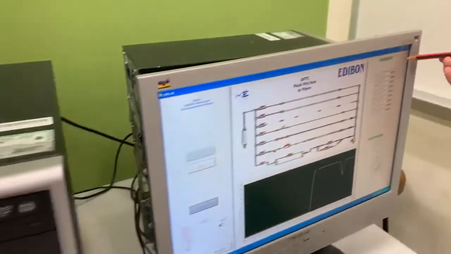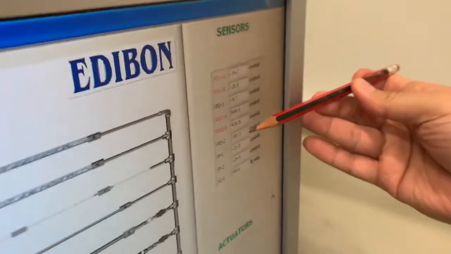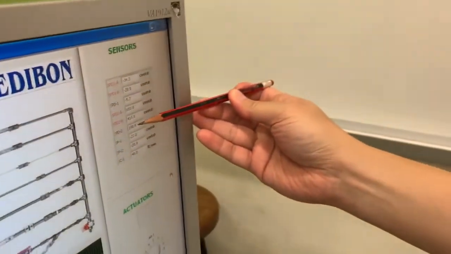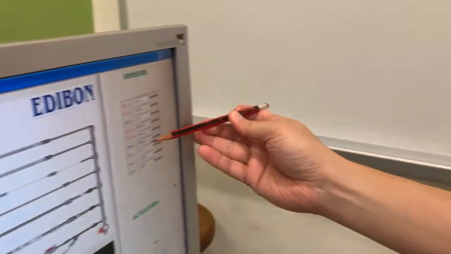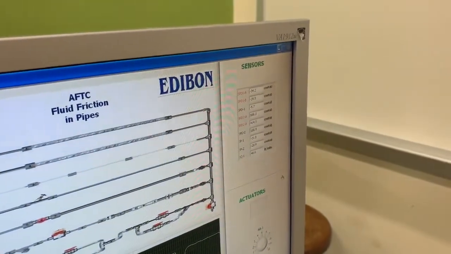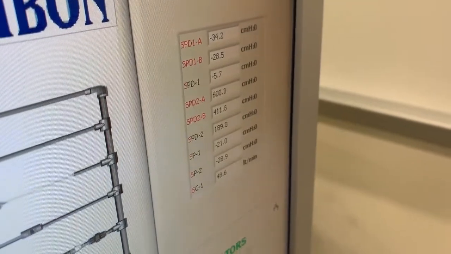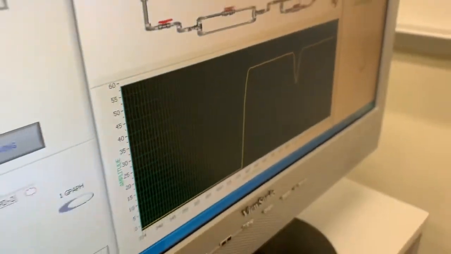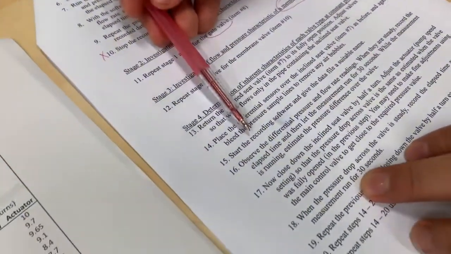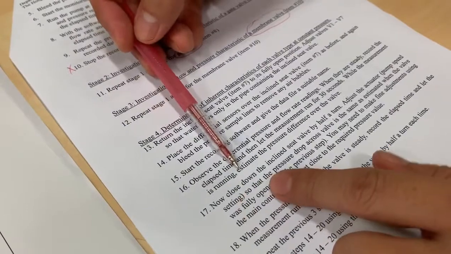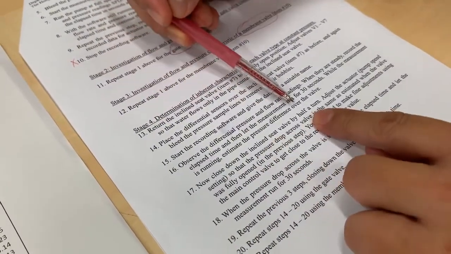After it reaches the steady state, we record down the differential pressure. Now it's around 185 or 190. Then for the next step, we are going to close down the valves by some turns.